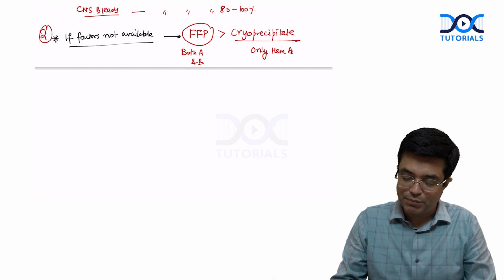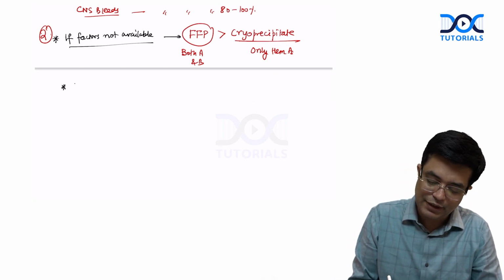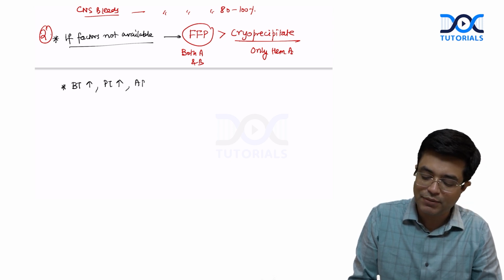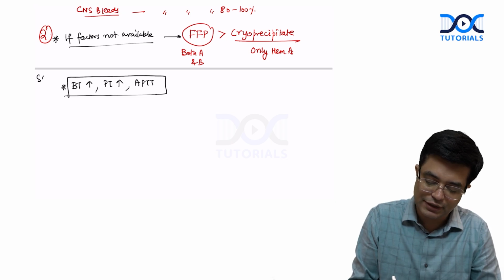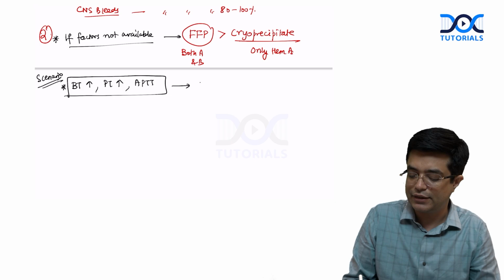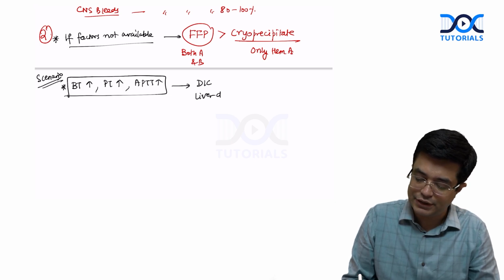And so remember, there are some variations you should know. If the examiner says there is a patient with bleeding time increased, prothrombin time increased, and activated partial thromboplastin time increased, what should be suspected? This is a scenario that we are discussing. So you should suspect that there is DIC or liver disease or late vitamin K deficiency, which can present like this.